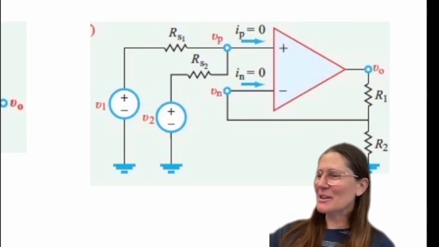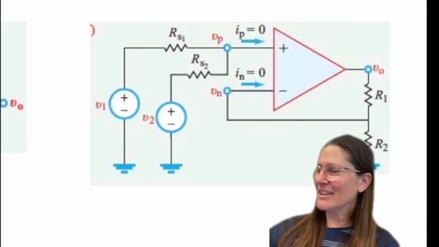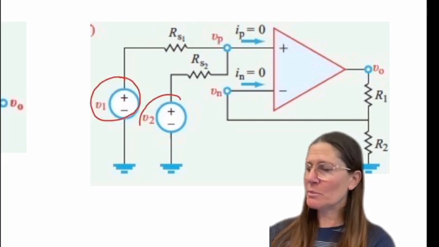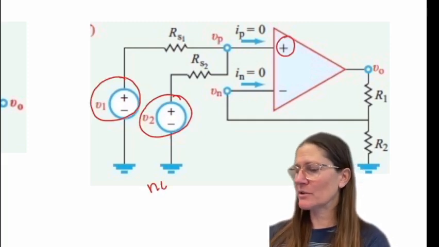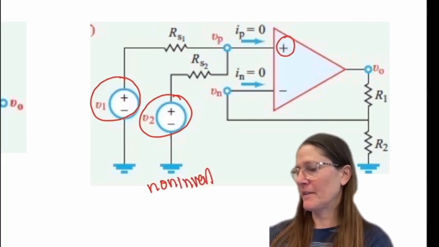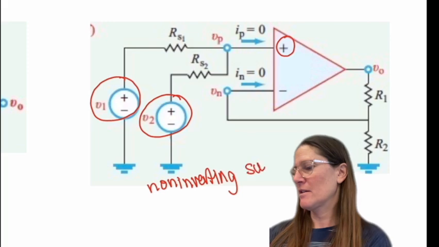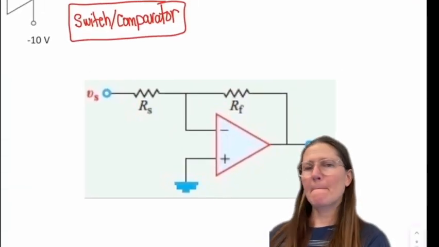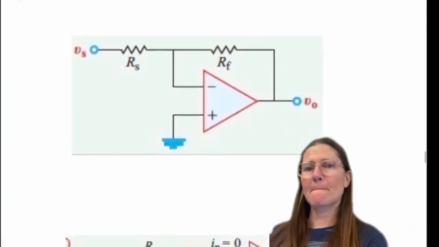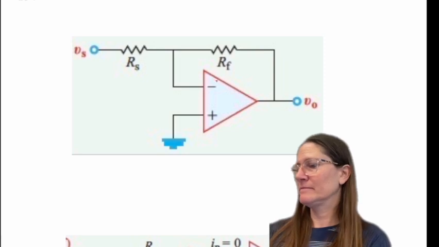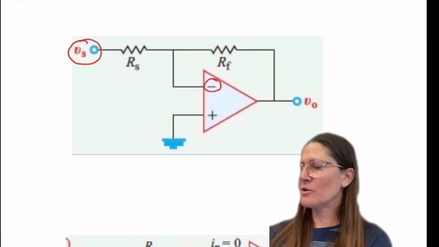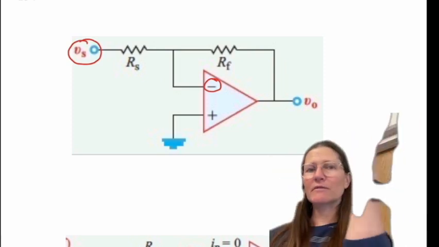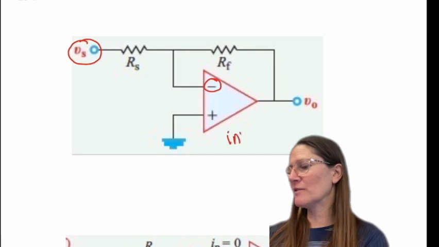Yes, non-inverting summer, good. I see that yes, feedback, 2 input signals go into the plus, so non-inverting summer. All right, this one. Correct. So identifying that it is feedback, and then my input VS goes into the negative side, so inverting amp.